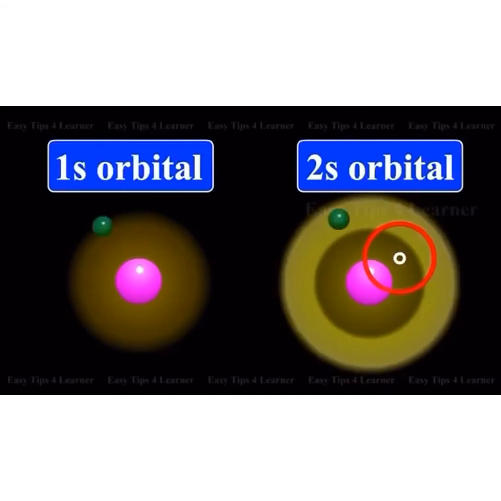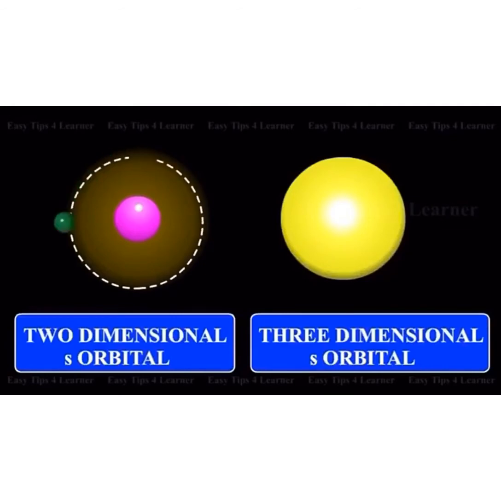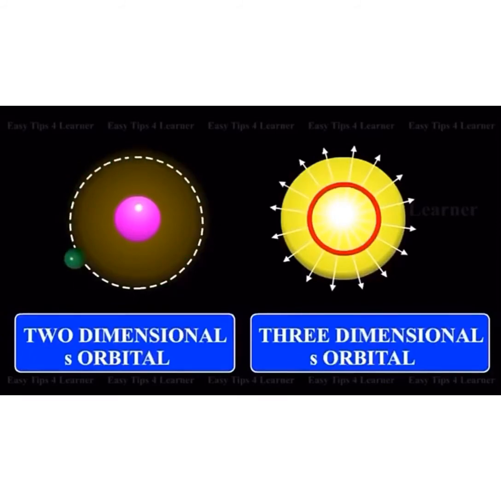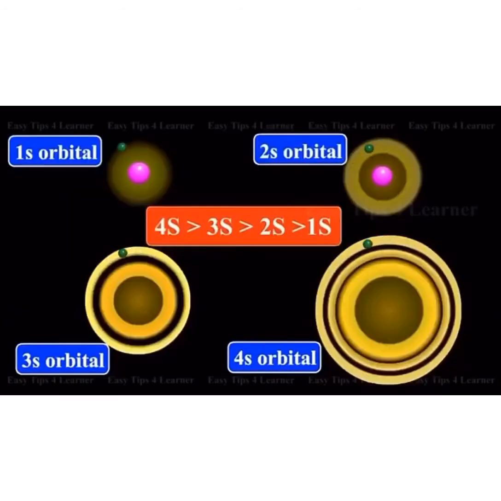Thus, when we compare 1s and 2s orbitals, both are spherical in shape. In reality, all s orbitals are spherically symmetrical. That is, the probability of finding the electron at a given distance is equal in all directions.